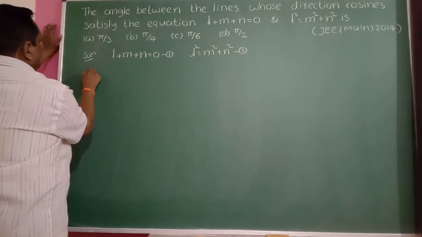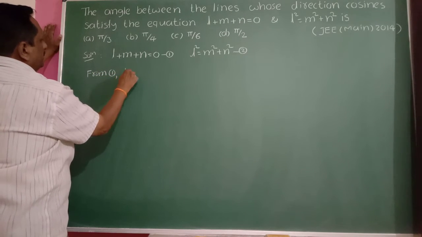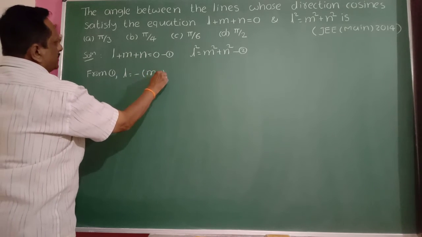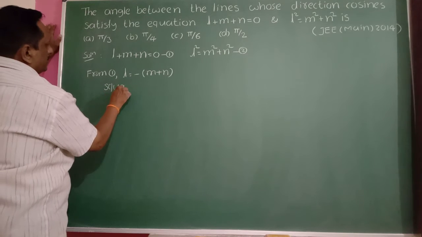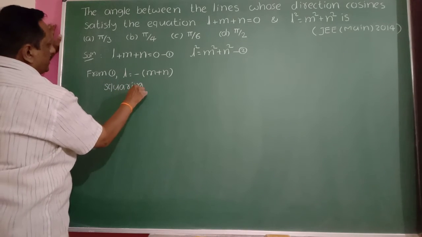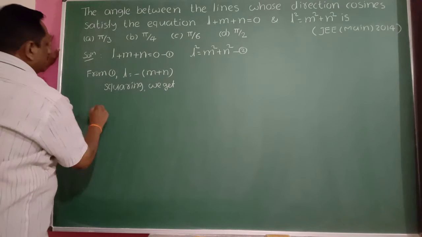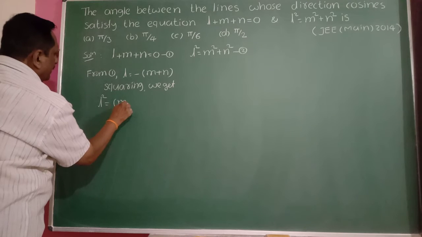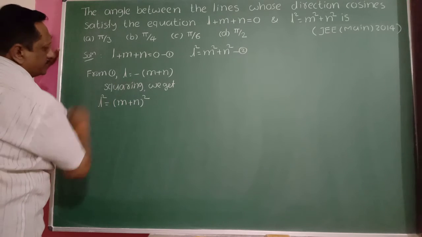So from 1, L is equal to, taking this to the right hand side, minus of M plus N. Squaring on both sides, we get L square is equal to M plus N whole square, minus becomes a plus.